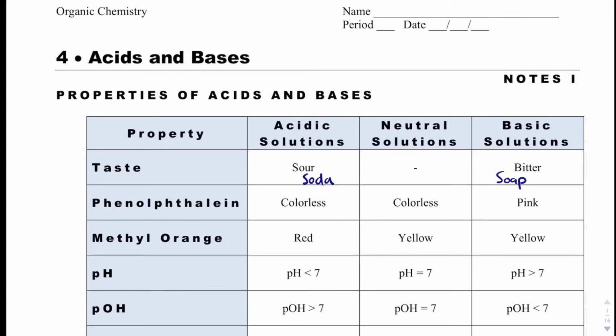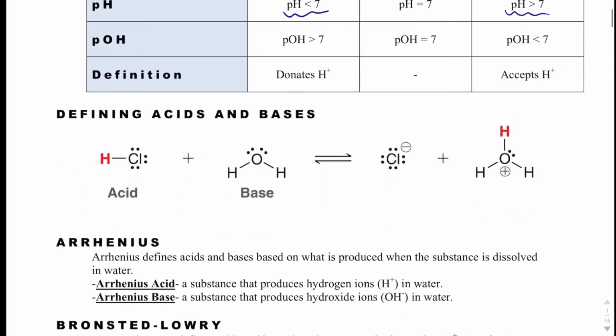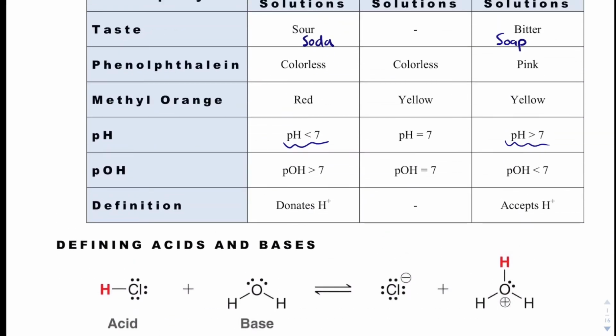Methyl orange is an indicator, and they turn different colors depending on the pH. And then acids, you probably remember, have low pHs, pHs less than 7, and then bases have pHs greater than 7. And the definition that we're going to use here is that acids donate H plus ions and bases accept those H plus ions.